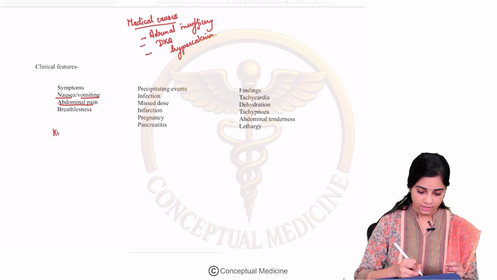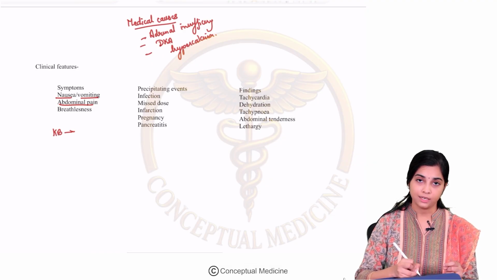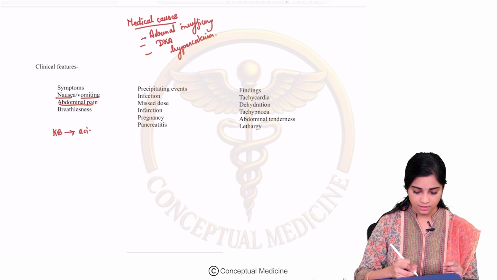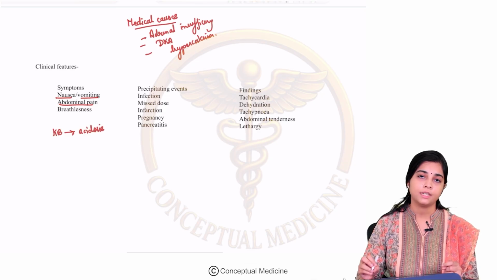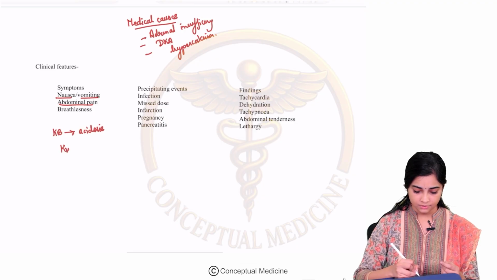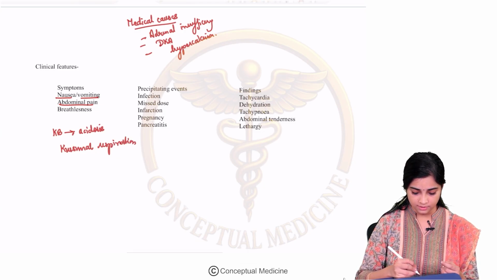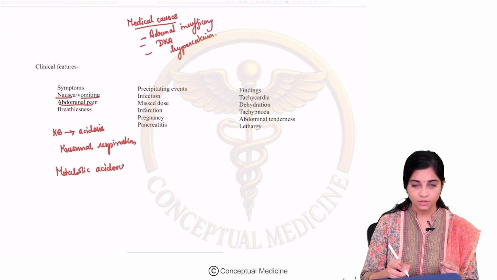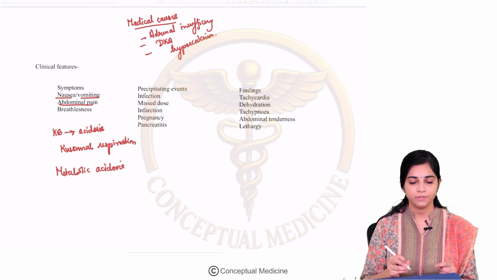Now, when the ketone bodies accumulate in the blood, they are acidotic in nature and cause acidosis. Whenever there is acidosis in the blood, the breathing pattern that you will have is called Kussmaul's respiration. Whenever there is metabolic acidosis, what is the respiratory compensation? We have listened to our lectures on nephrology.